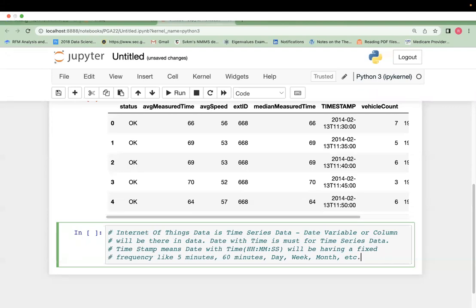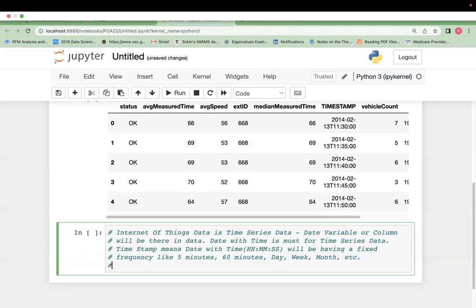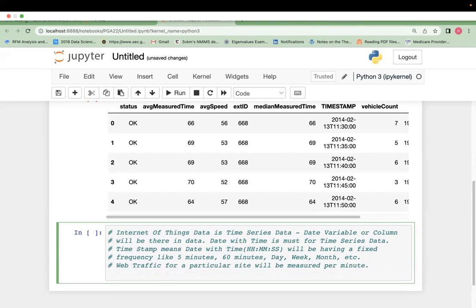I have seen timestamps with 1 minute also, very small time within the day, particularly for web traffic. For a particular site, it will be measured per minute for big websites like Facebook, LinkedIn. Every minute, they will see how many subscribers are logging in.